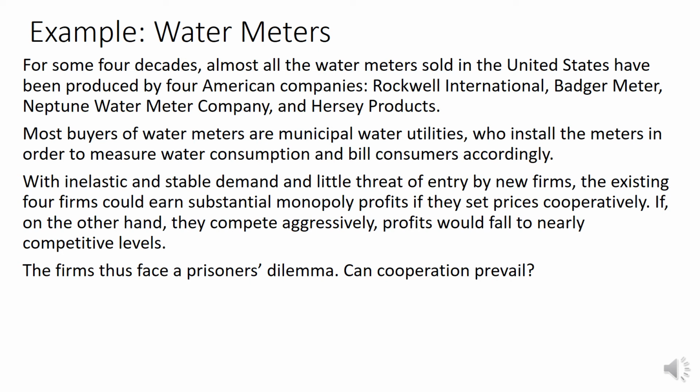But with that in mind, we have 4 firms in this industry: Rockwell, Neptune, Hershey, and Badger. One of them can undercut the others, behaving aggressively, cutting everyone's profits, or they can behave cooperatively and charge monopoly prices. So what's going to happen?